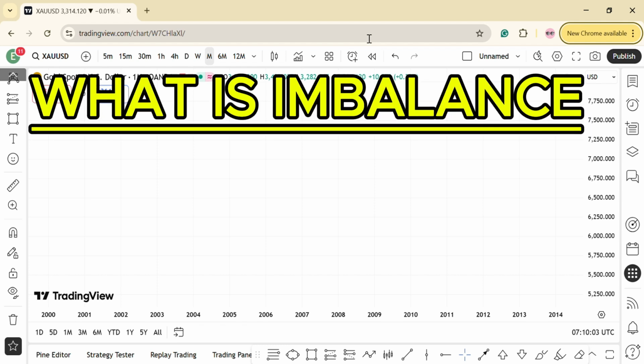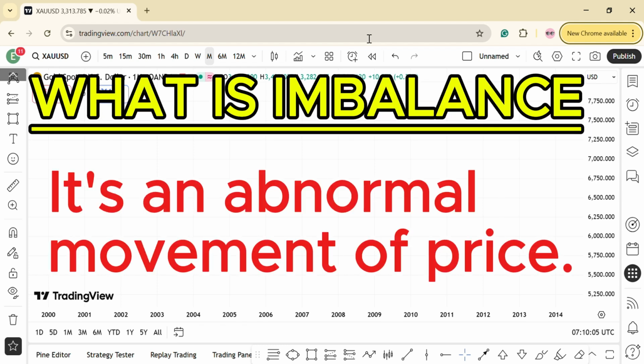What then is imbalance? It means an abnormal movement of price or an inefficient movement of price. You can also say it is an imbalanced movement of price. For example, let's make an example with ourselves.